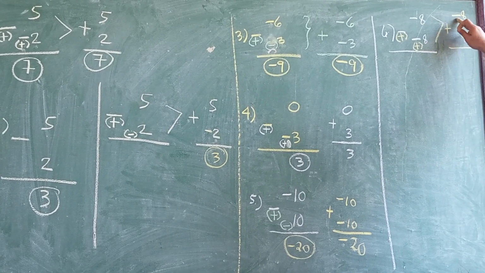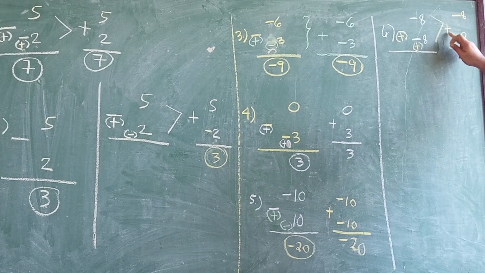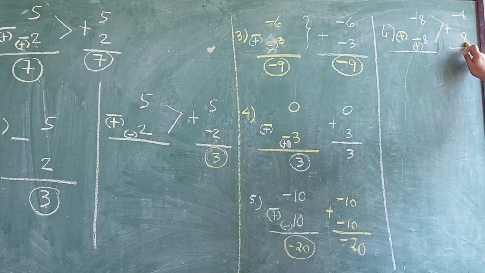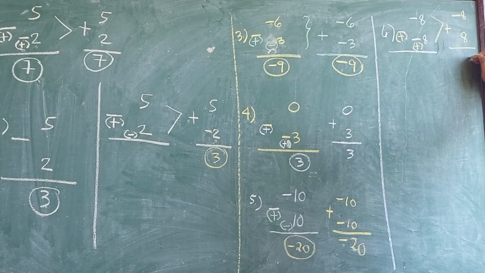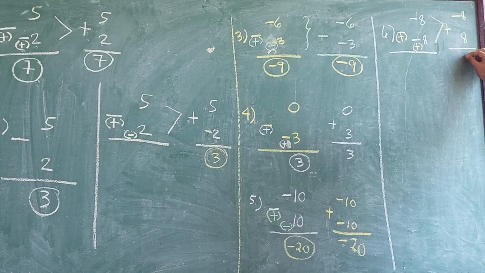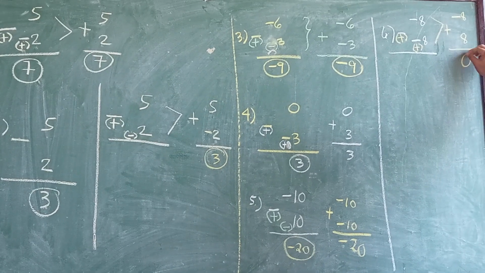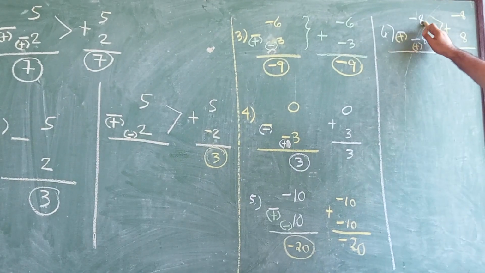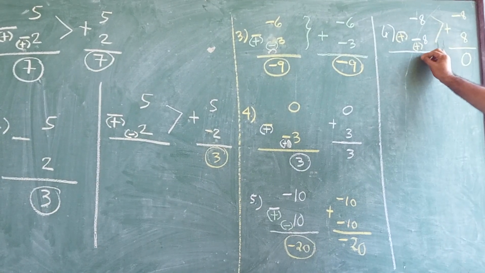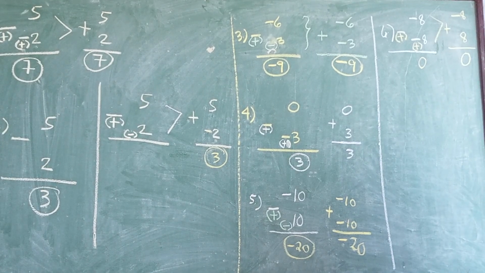So it becomes negative 8 plus positive 8. The rule in adding opposite integers is that this is simply equal to 0. Therefore, negative 8 minus negative 8, the answer is 0.